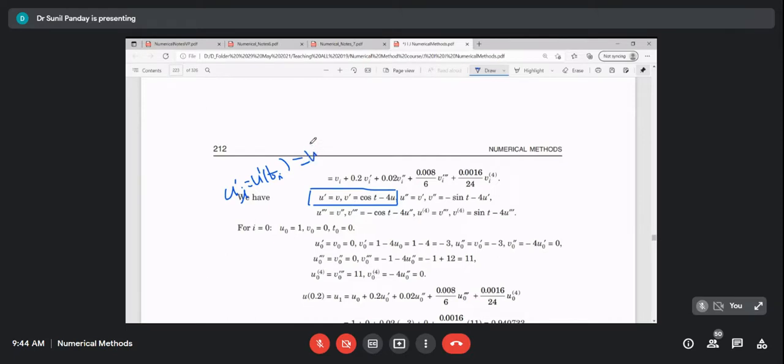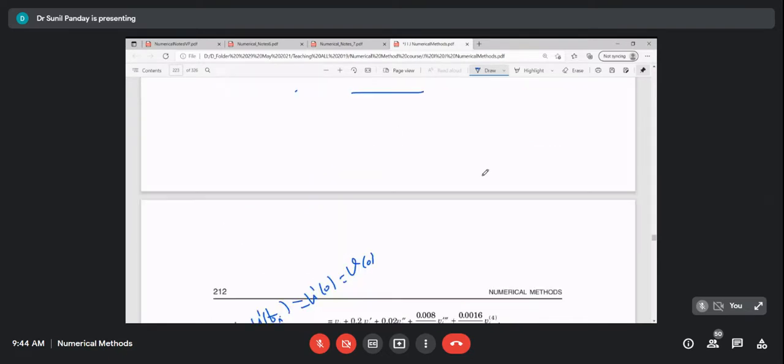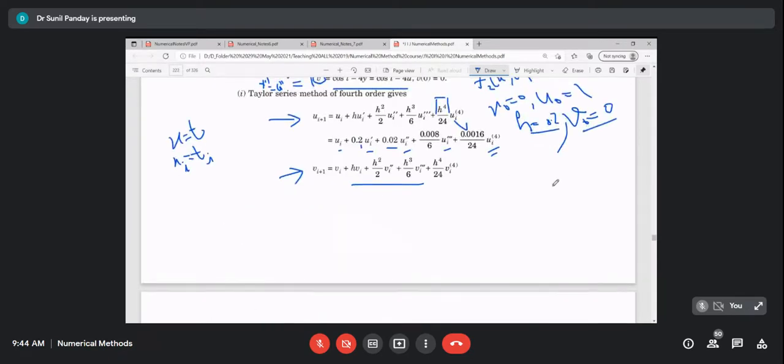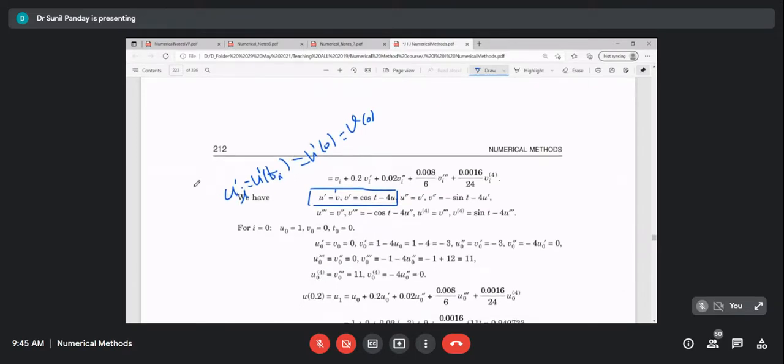So u dash at 0 we have to calculate. u dash of 0 is equal to v of 0, and v of 0 is given as 0. So u i dash at 0 you will get 0.